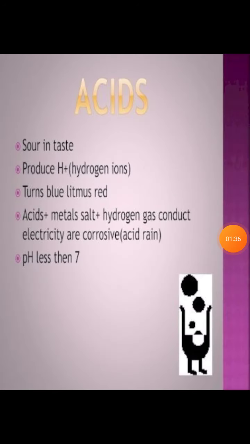What are the properties of acids? Acids are sour in taste, produce hydrogen ions, and turn blue litmus to red. Acids react with metals to give salt and hydrogen gas, conduct electricity, are corrosive in nature, and their pH is less than 7.